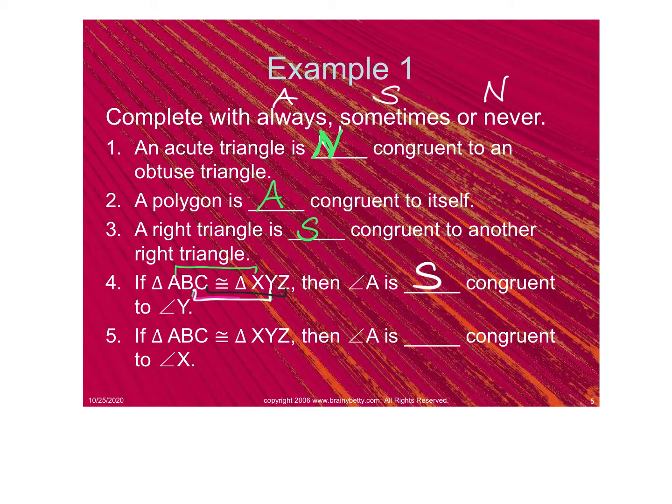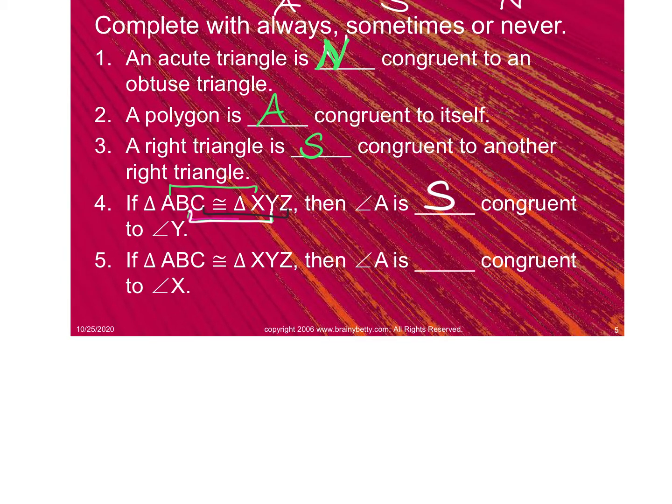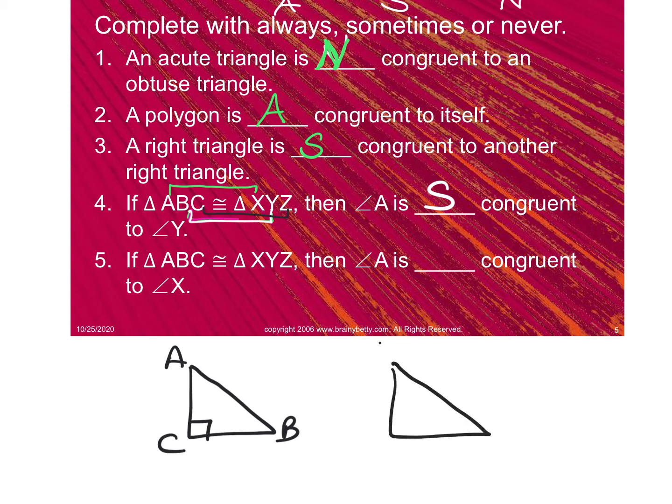And let me draw that for you. So let's say I have triangle ABC here. And let's call it XYZ. So we can see that A and X are supposed to match, and then B and Y are supposed to match.